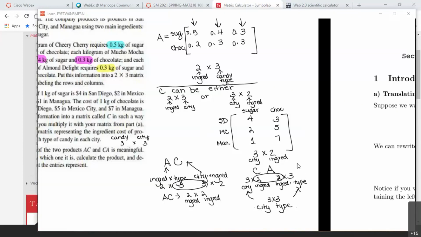So without even multiplying this out, I can tell you that only this way makes sense. If I were to enter matrix A and matrix C in Symbolab and multiply C times A, I would get prices for each kilo of my product. Does this make sense?